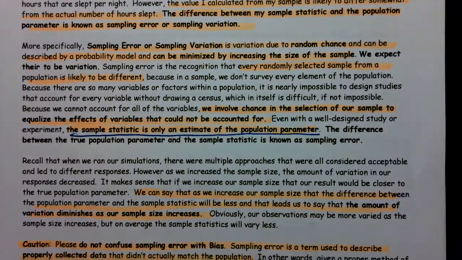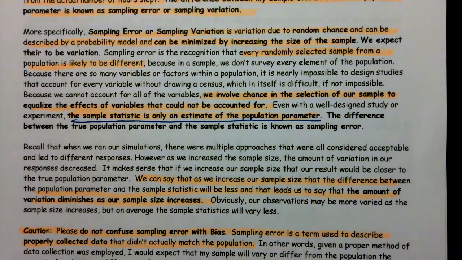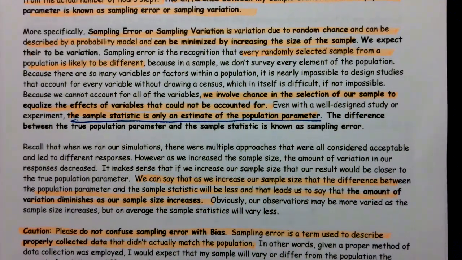Recall that when we ran our simulations, there were multiple approaches that were all considered acceptable, but led to different responses. However, as we increase the sample size, the amount of variation in our responses decreased. Even though we chose different numbers to represent, as we increase our sample size, we get closer. It makes sense that if we increase our sample size, our result would be closer to the true population parameter.